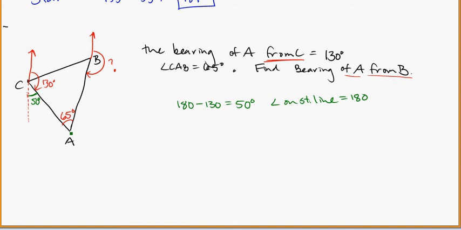Now, if we do another north here on A, we realize that we've got parallel lines, and we actually have a Z angle in here, an alternate angle. I'll draw on the Z so you can see what I'm talking about. Remember, the two little elbows of the Z are going to be the same angle, so in fact, we can see that this part is 50 degrees here.